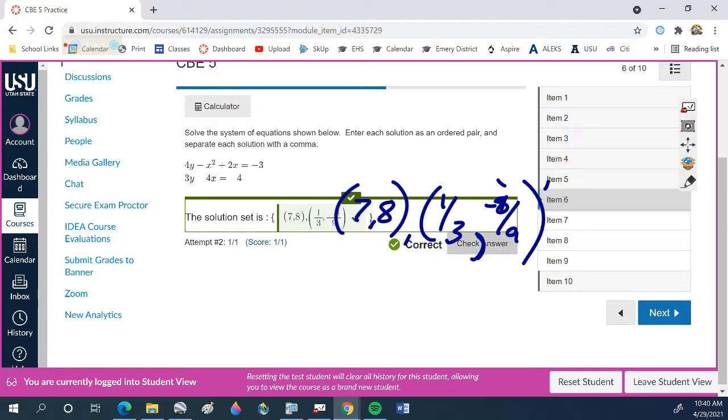Oh, good. Okay, good. You can put it in as a decimal or fraction. I wouldn't do decimal because if it repeats, how do you know how many to put on there? So just keep it as a fraction. All right, that's good news.